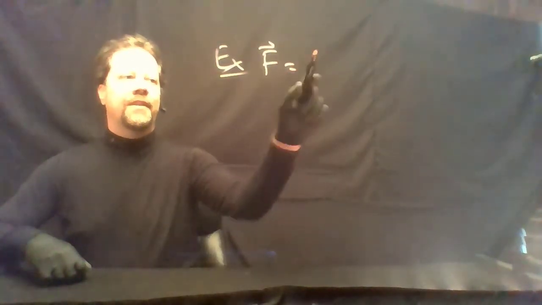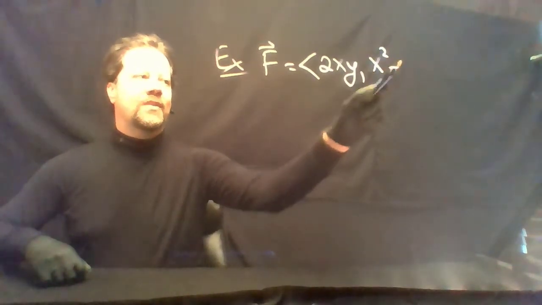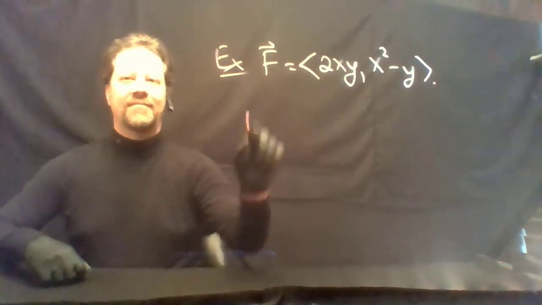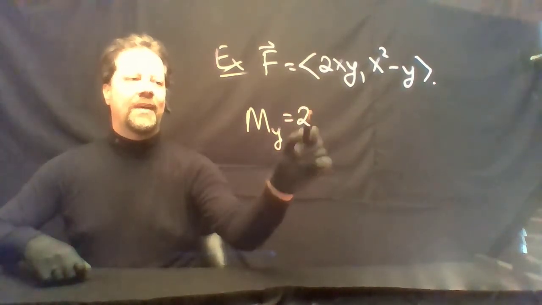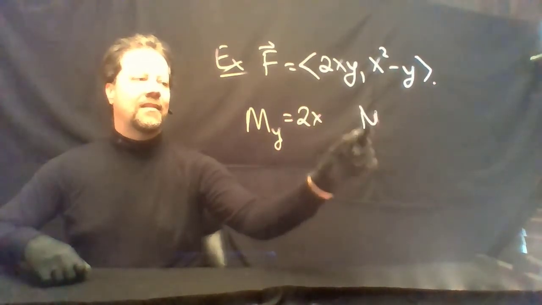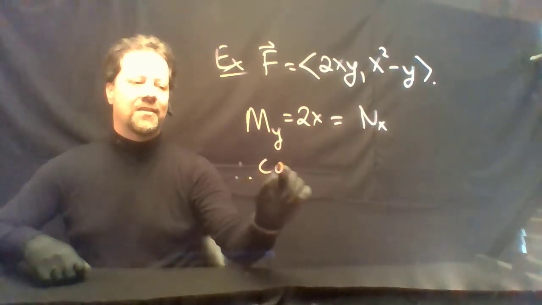As another example, consider the vector field 2xy, x squared minus y. In this case, m_y is 2x. n_x is also 2x, and therefore it is conservative.